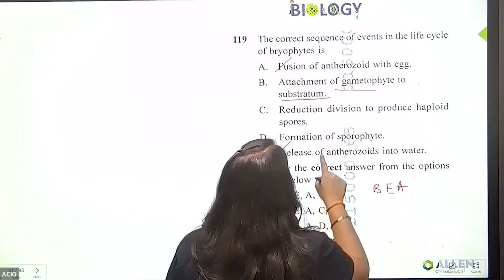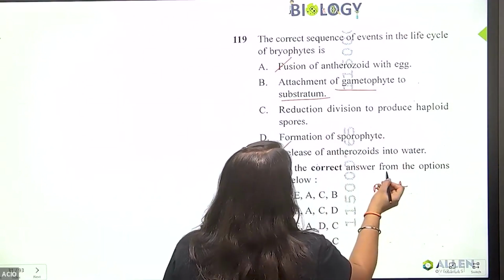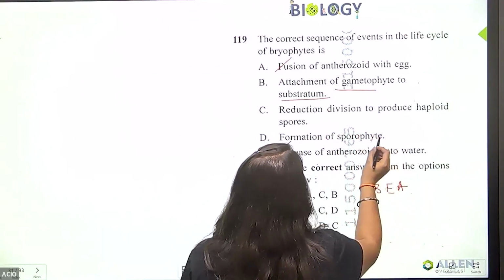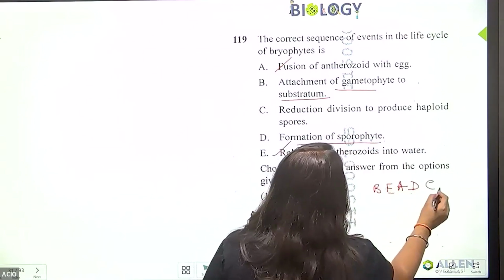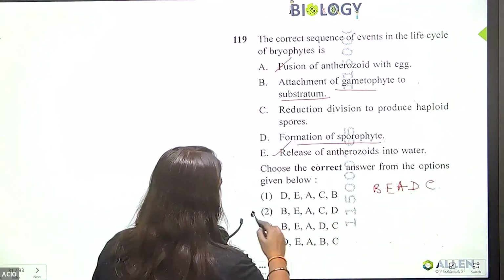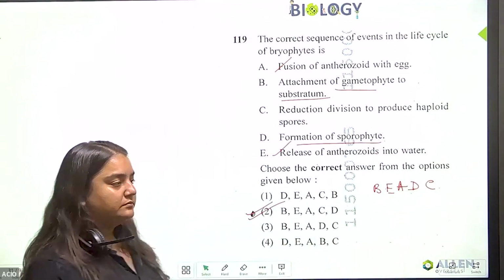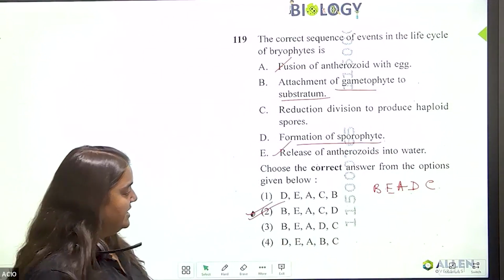Then we have reduction division. Okay, after fertilization, 2N will be formed. So formation of sporophyte, that is D. And then you have C, BEADC.